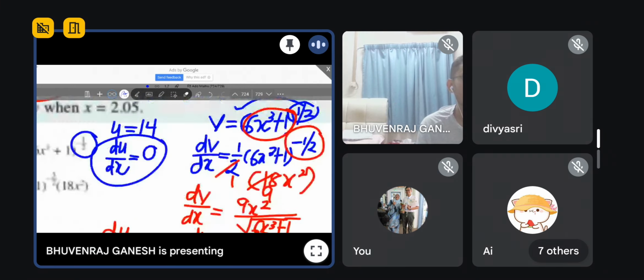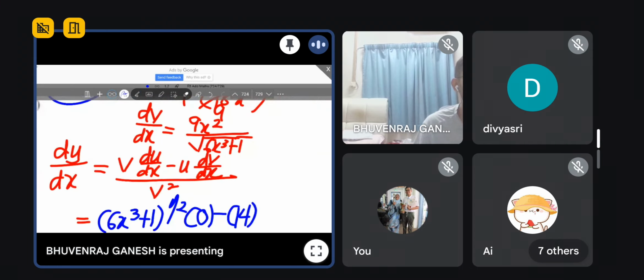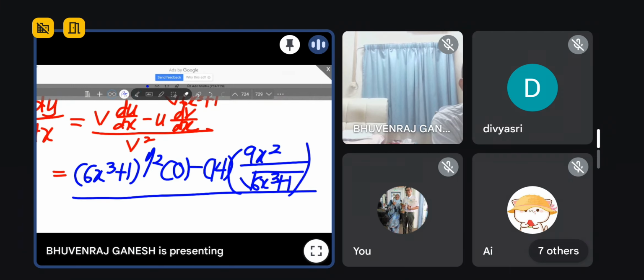Now u is 14. The textbook didn't show this one, so that's why I do it for you here. Then your dv dx is this one. Later you compare and see whether the answer is the same or not. Then divide by v squared.